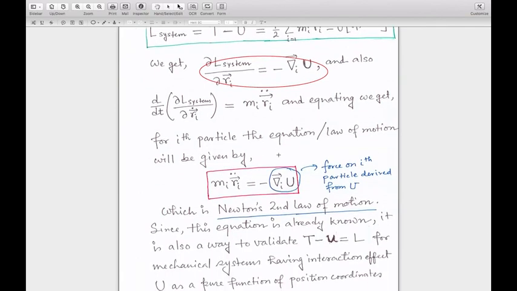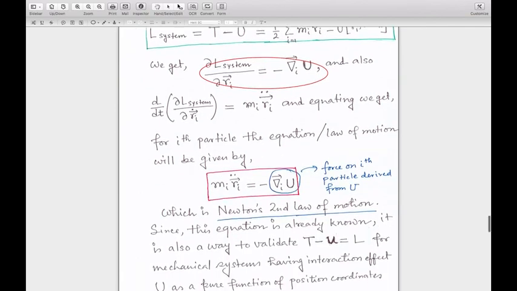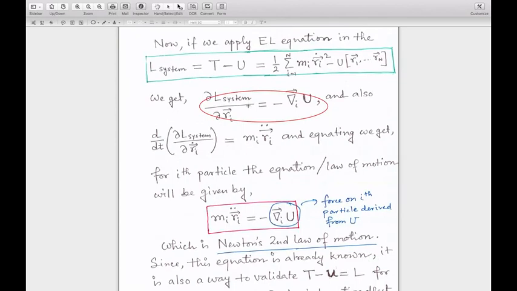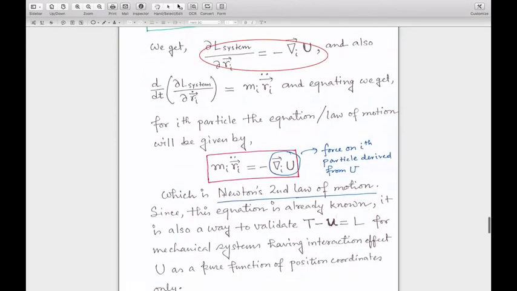So the Euler-Lagrange equation finally says that these two are equal, which gives m_i r_i double dot is equal to minus gradient_i of U.